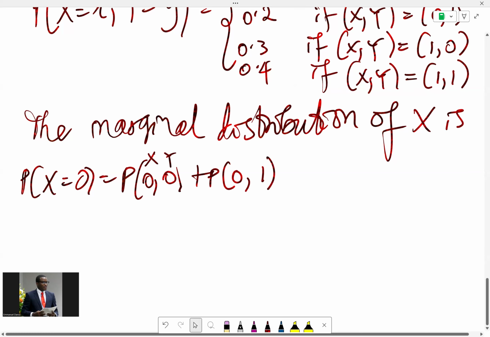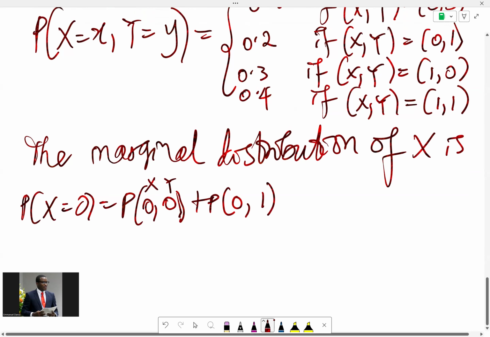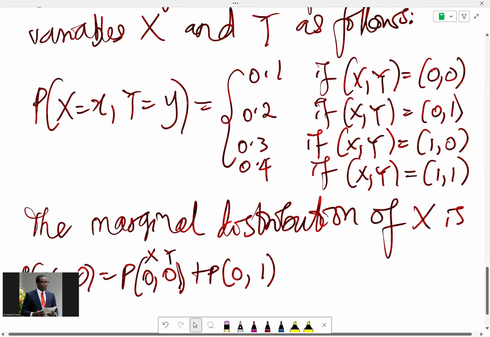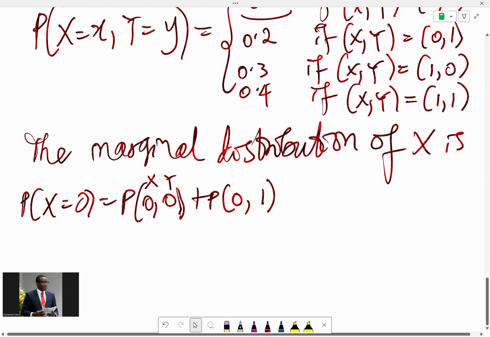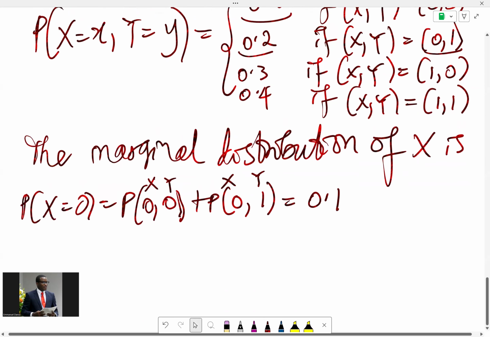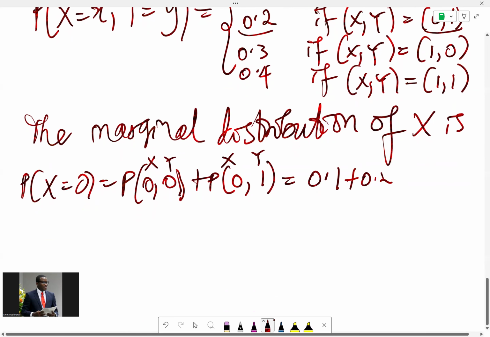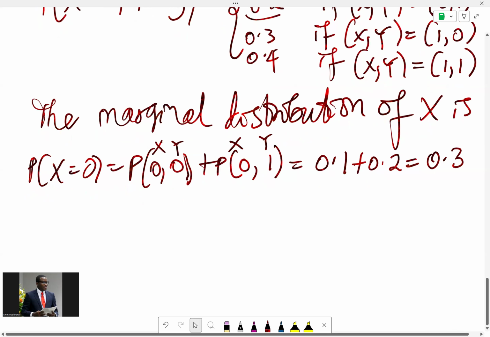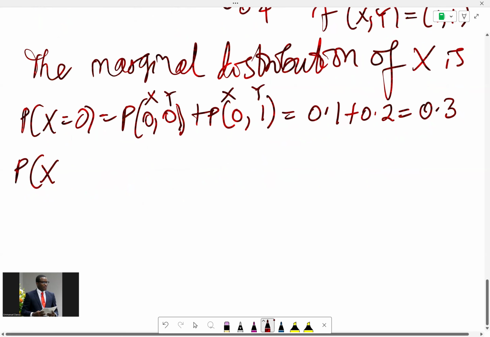Those are the two instances. The probability of 0, 0 is 0.1, then when X is 0 and Y is 1, the probability is 0.2. So plus 0.2, and summing all that together is simply 0.3. So the probability that X is equal to 0 is 0.3, because there are two instances, 0, 0 or 0, 1.